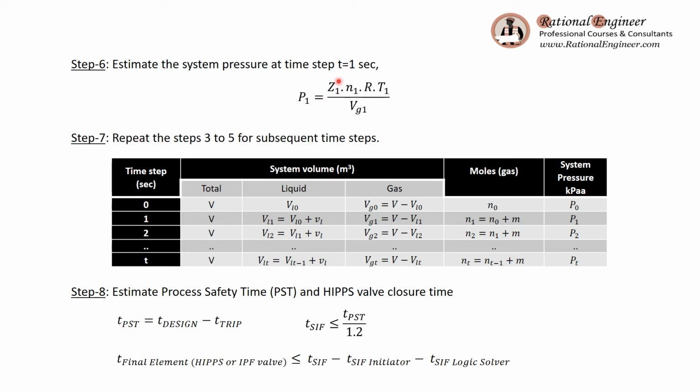We also use the Z or compressibility factor to account for real gas behavior. So here the number of moles at time step 1 second is calculated in the previous step. The volume of gas at time step 1 was also calculated in the previous steps.